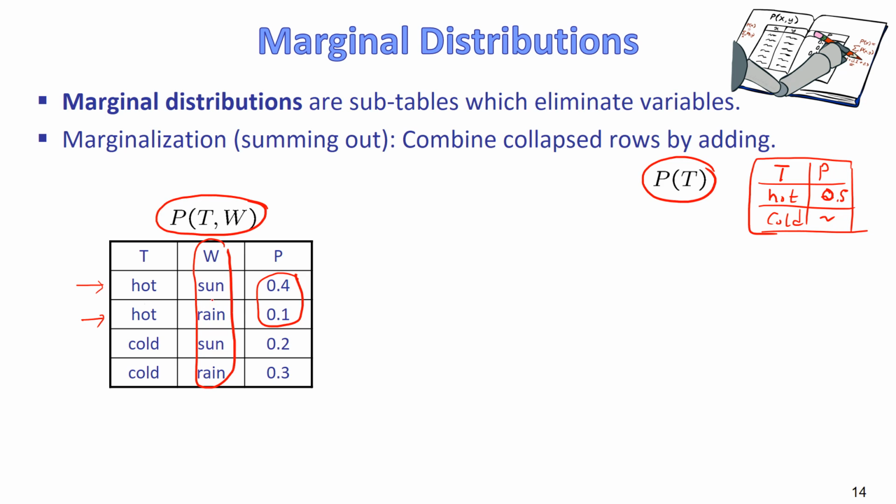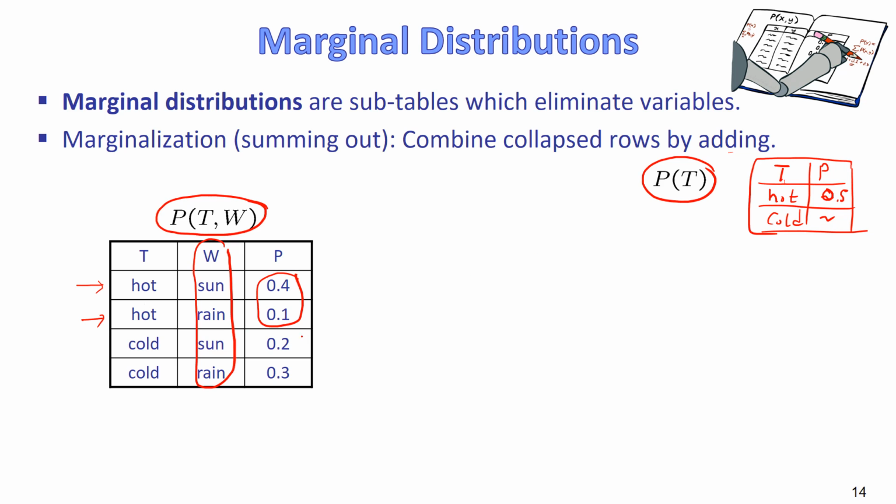Ignoring the values of w means that we sum over the different values of w, which we call marginalization. So we eliminated w completely. We do it by looking at the rows that have the same values of the variables that we want to keep and sum up the corresponding probabilities.